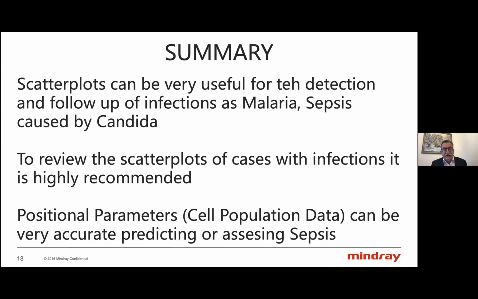I was impressed with the data of Professor Atripaldi with ROC curves of 0.960 for monocyte X, monocyte complexity, for neutrophil Y, and 0.907, 0.926. These ROC curves are amazing, much better sometimes than many studies using biochemistry parameters. And the goodness is these parameters can be combined with the biochemistry parameters. For this reason, thank you for this beautiful data.